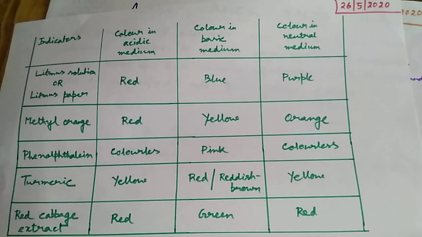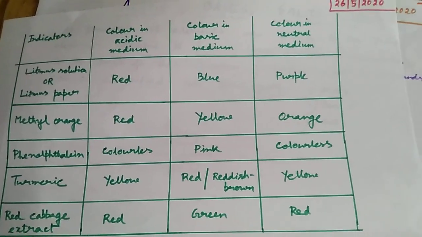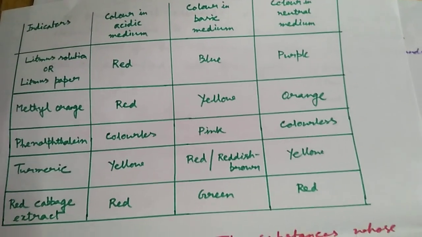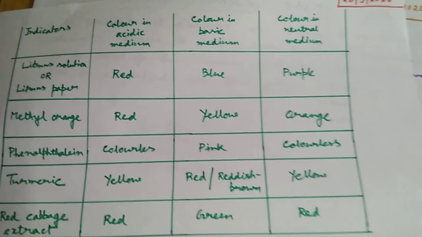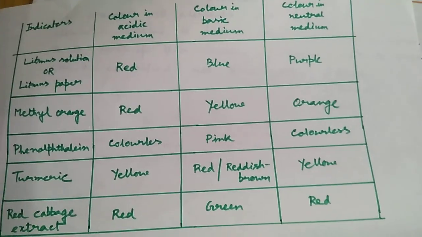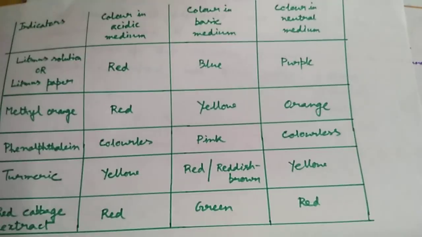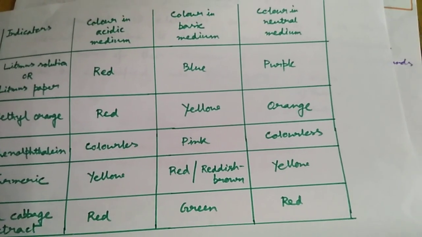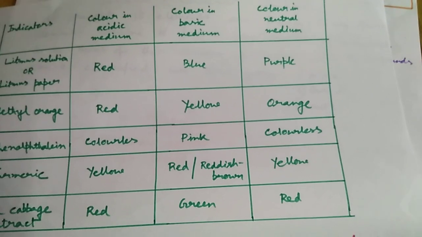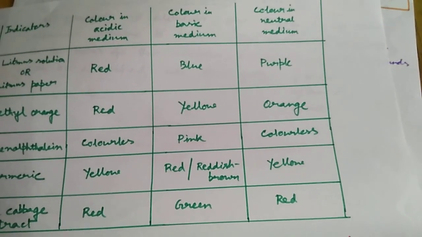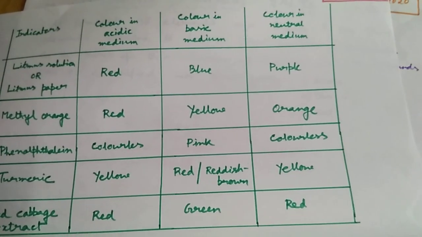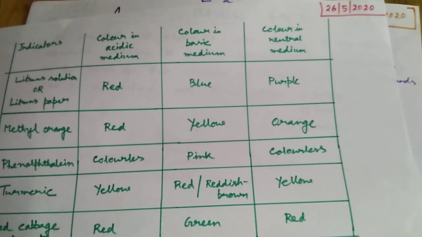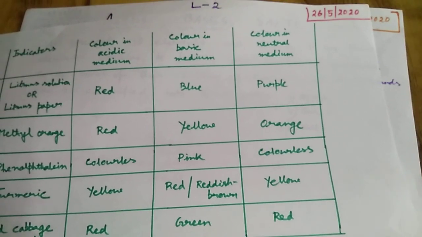In practice, we use litmus solution or litmus paper which are available in two colors, red and blue. If the color changes from red to blue, we will identify the substance as basic. If the color changes from blue to red, we will identify the substance as acidic.